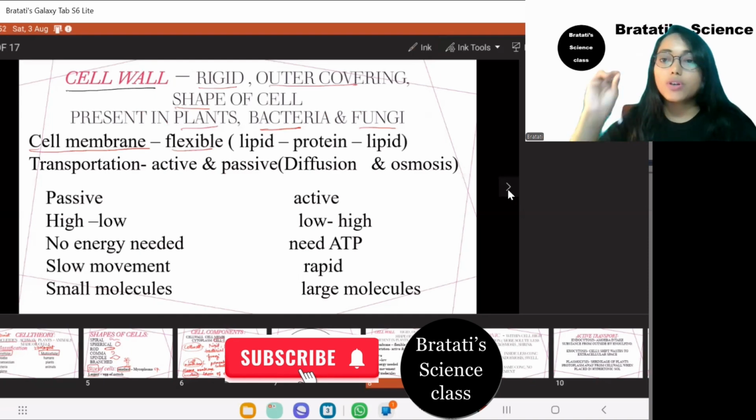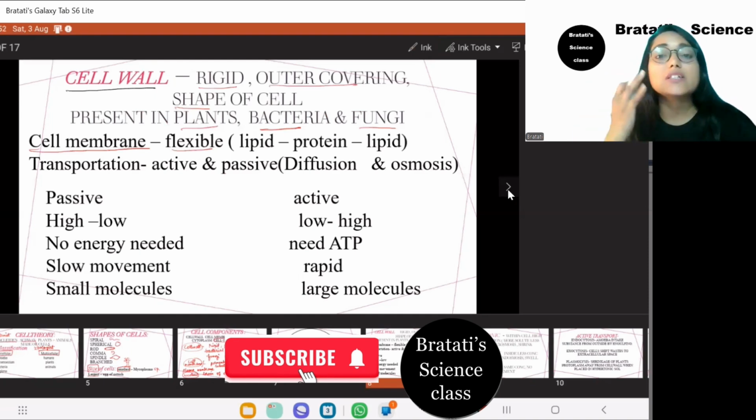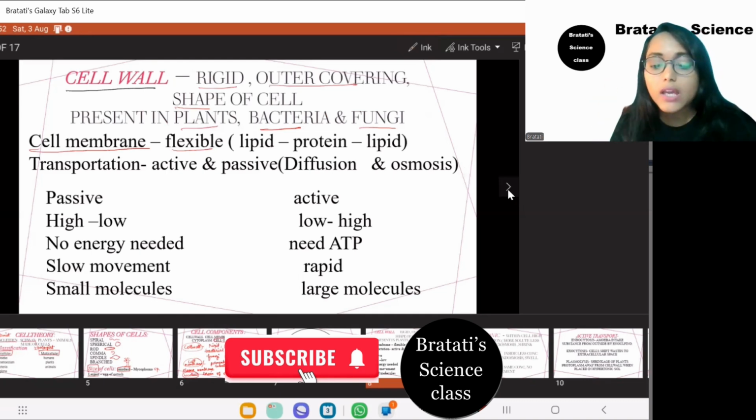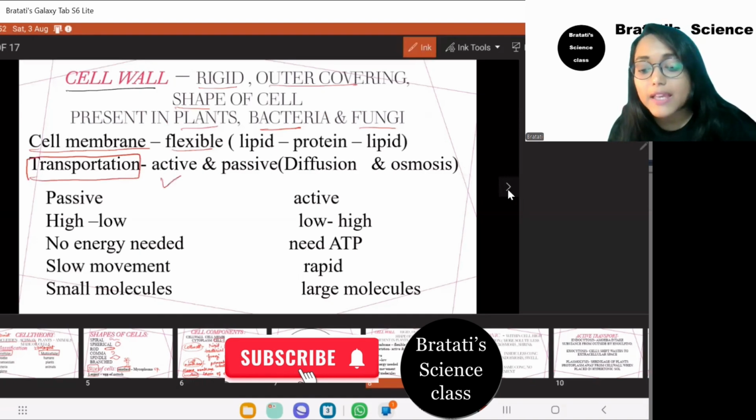This is how the cell membrane is formed, and the membrane is semi-permeable in nature, which selectively helps in the transportation or movement of the solute or the solvent from outside to inside. Now, they help in transportation, as I said. The transportation can be active and passive.